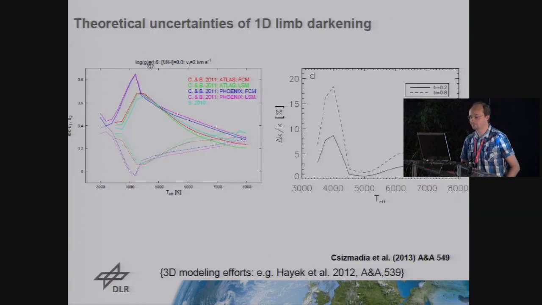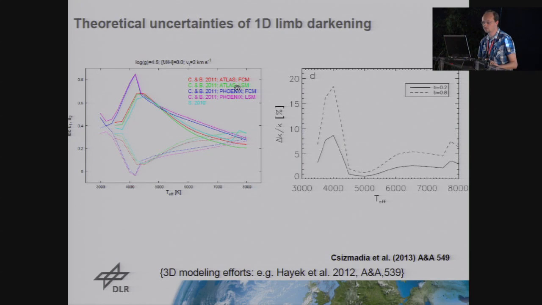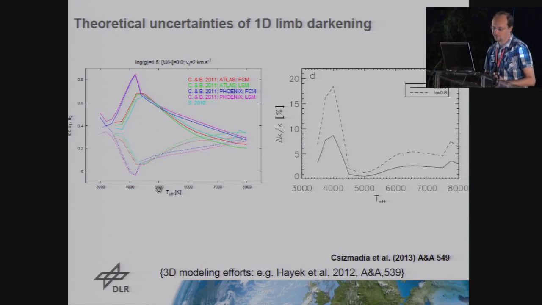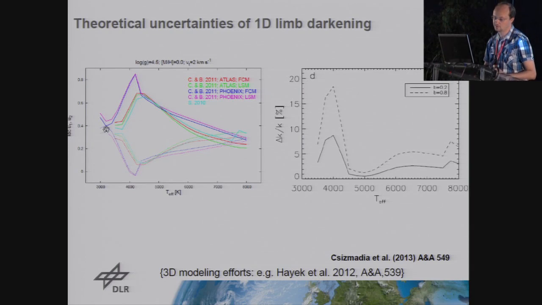The second problem is that if we compare different theoretical calculations to each other, for example, in this figure, 5 different calculations of one-dimensional stellar atmosphere models are compared. On the x-axis we can see the temperature, and on the y-axis the limb darkening coefficients. The solid curves are the linear ones, and the dashed curves are the quadratic coefficients.